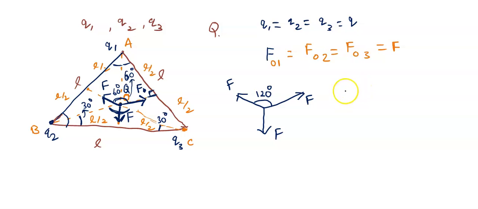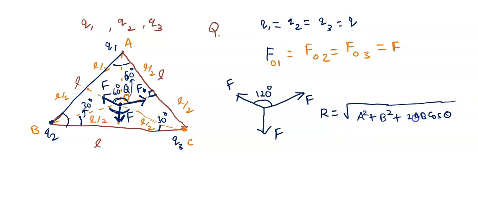Now, do you remember the formula which you studied in vectors last year? The resultant of two vectors is R equals under the root a square plus b square plus 2ab cos theta. Do you remember this formula? So the resultant of this F and this F at an angle of 120 degrees, that resultant will also come as F only.